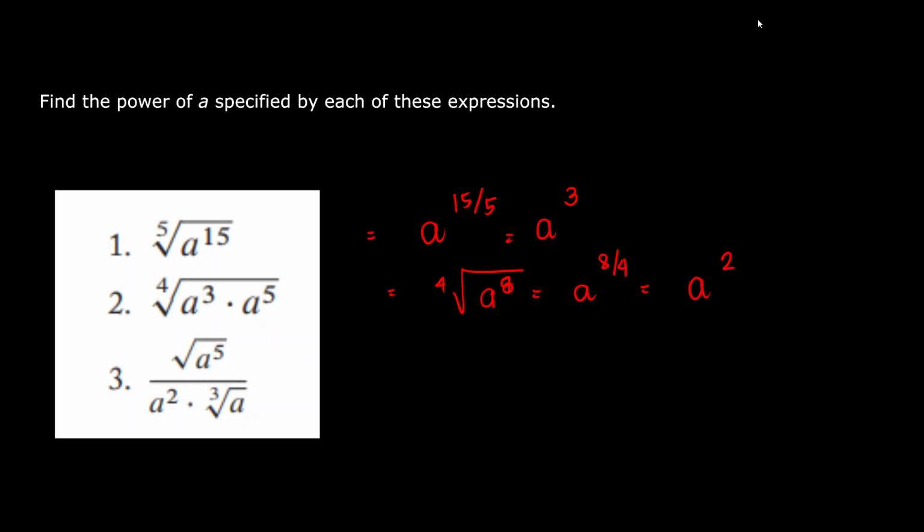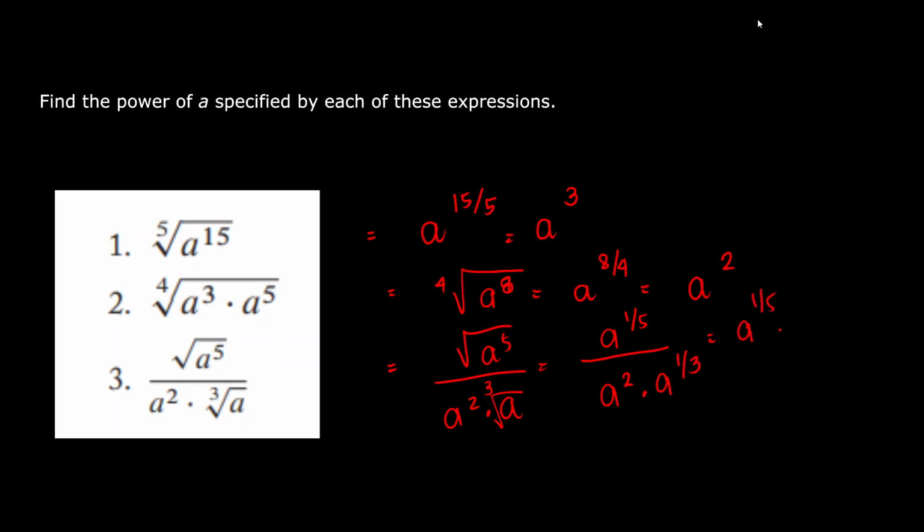Okay, next, square root of a raised to 5 over a squared times cube root of a. Pwede natin isulat to as a raised to 1/5 over a squared times a raised to 1/3. Pwede nating iakyat lahat. a raised to 1/5 times a raised to negative 2 times a raised to negative 1/3. Pwede natin pang isimplify.